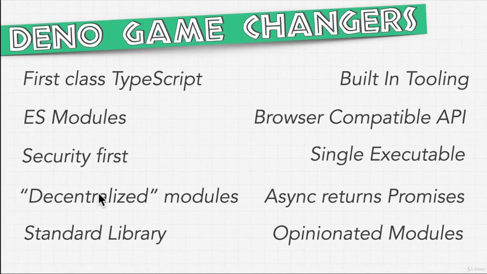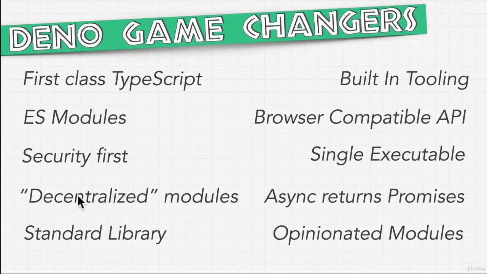Now, because we don't have to use npm and because we can import scripts just by using URLs, that means we don't necessarily need a centralized place to have modules. For example, npm is owned by Microsoft, and Microsoft controls that registry of packages. People put their JavaScript code over there and people from around the world can download it.